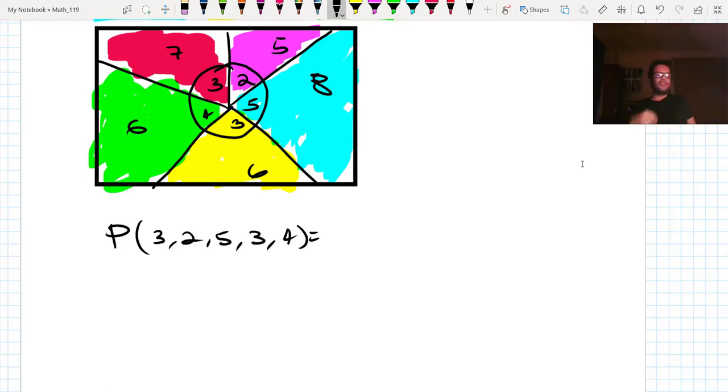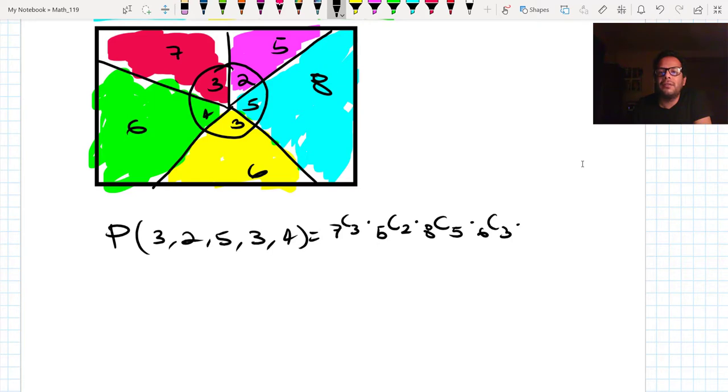I'm going to go straight to combination notation. So from 7, choose 3 times 5, choose 2, 8, choose 5, 6, choose 3, and 6, choose 4.